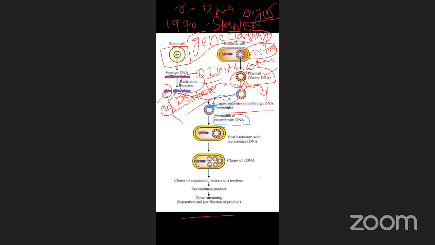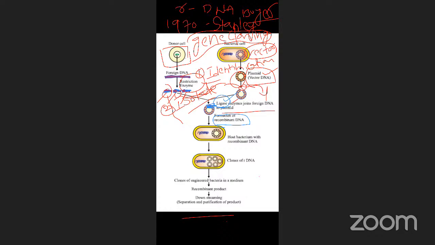What is present in recombinant DNA? In recombinant DNA, the foreign gene from the donor cell and the plasmid from the bacterial cell. Clear? Now, what is the next step? Both are introduced into another bacterium or host.